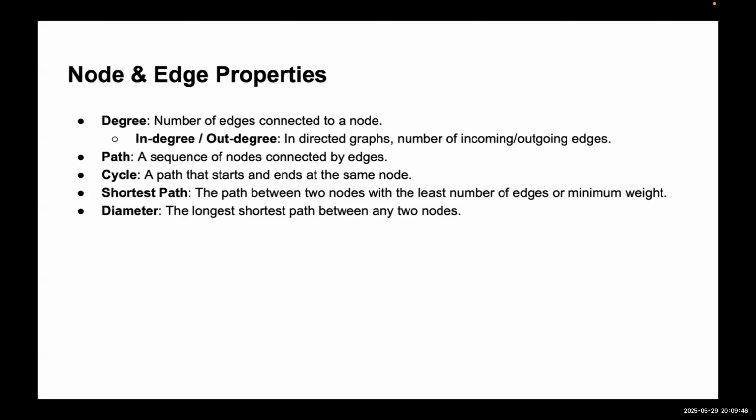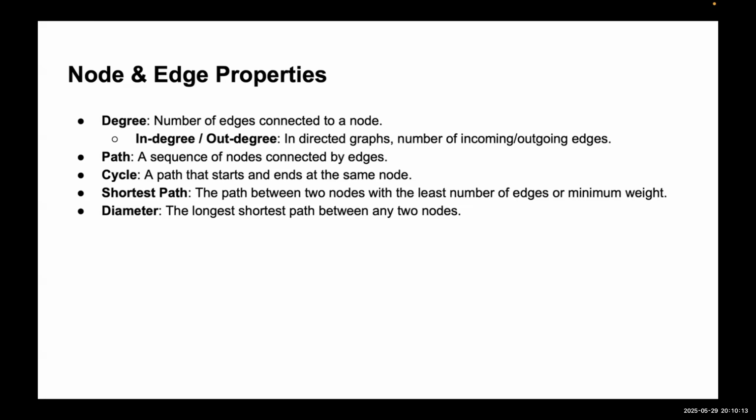A path is a sequence of nodes connected by edges. Suppose from A to B, there has to be a sequence of nodes that has to be covered to reach B from A. That is the path. A cycle is when you start from A, travel the whole world, and then come back to A, ending at the same node.